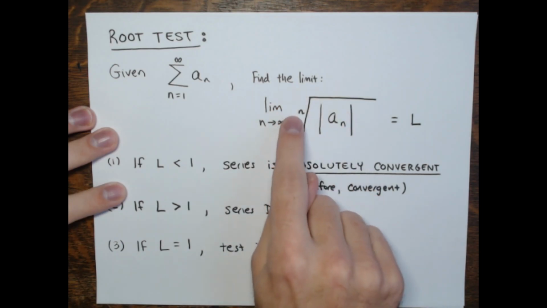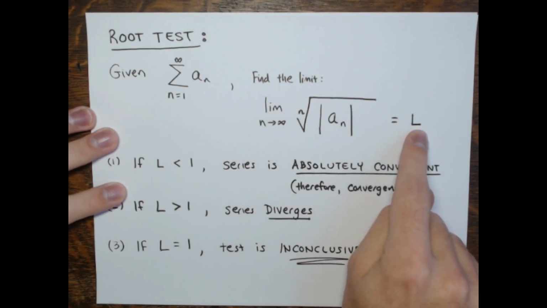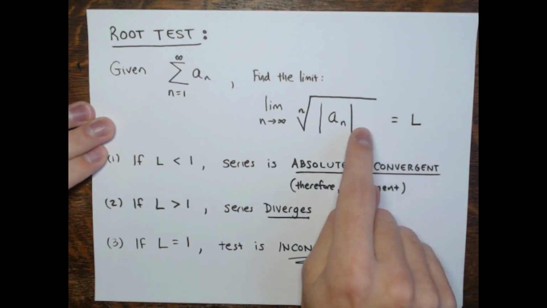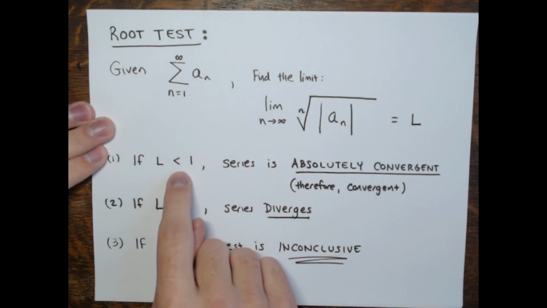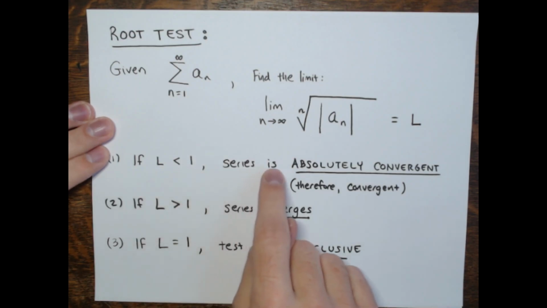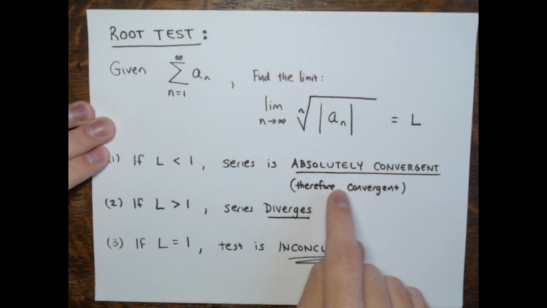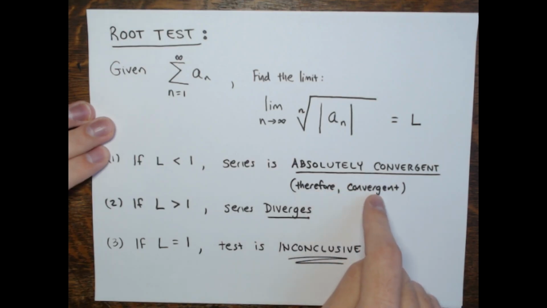I'm going to call this limit L. And then we have very similar conclusions to the ratio test. If this limit is less than 1, then our series will be absolutely convergent. And if it's absolutely convergent, then the original series converges, therefore convergent.